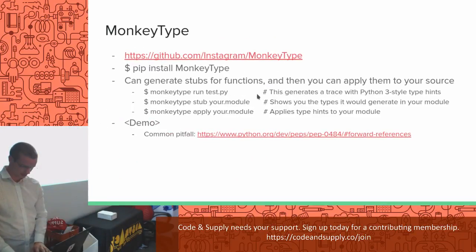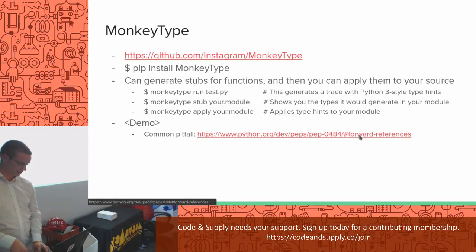So, back to the slide here. This is basically the process that you would do to try to figure out or to try to generate Python 3 type hints. The common pitfall that's linked here, as you can see in the URL, is called forward references, and that's exactly the problem that we're hitting now. It's even in the PEP itself, because they knew that it was going to be such a common problem.